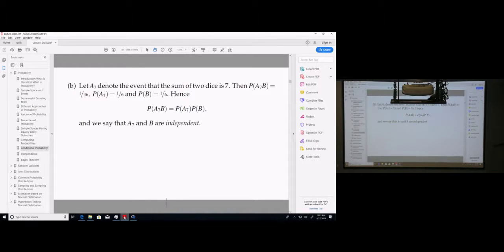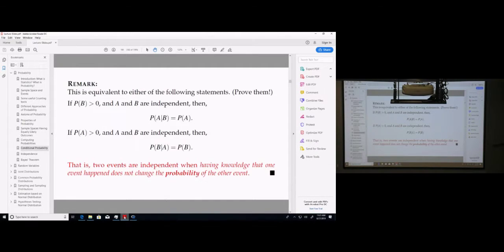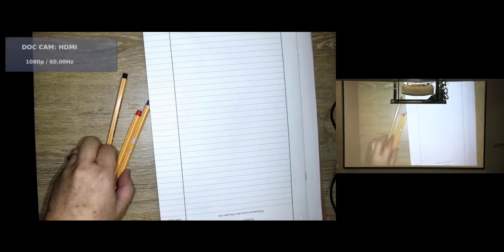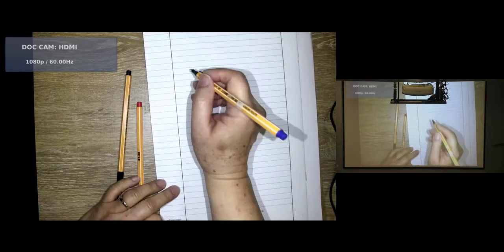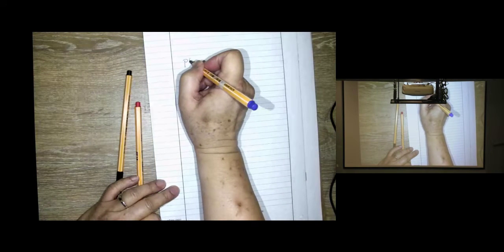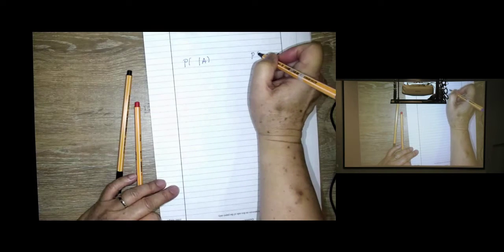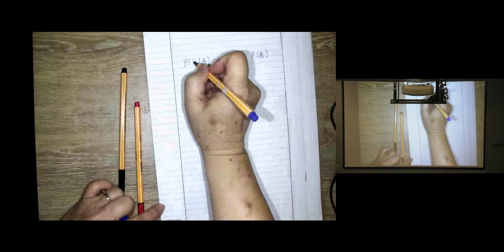Maybe let me first explain why people call it independent. We are interested in the event B. Here we have no information about whether A has occurred or not. It is not known to us.